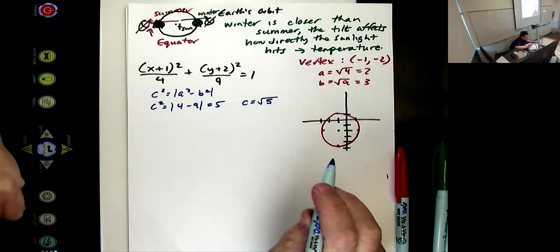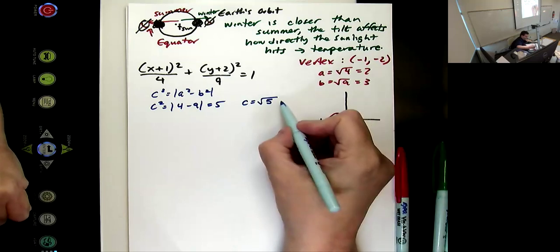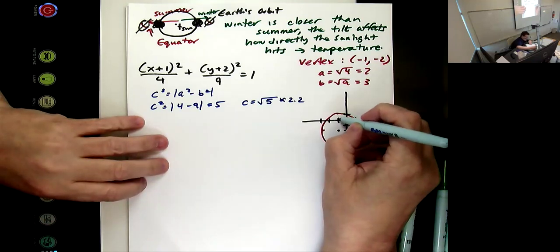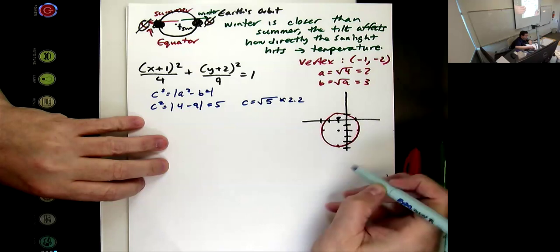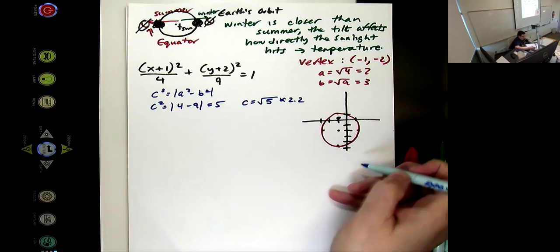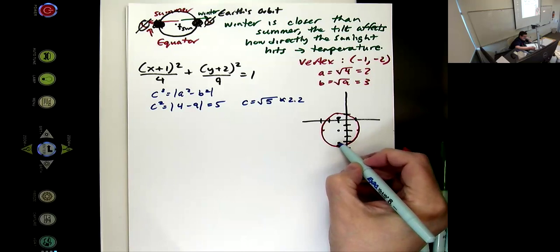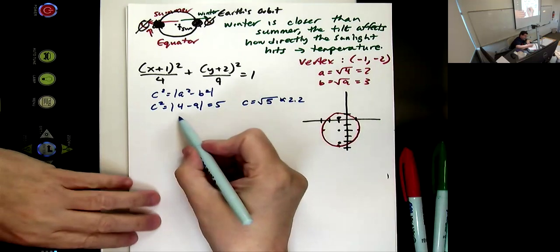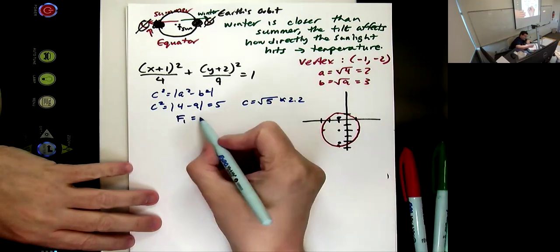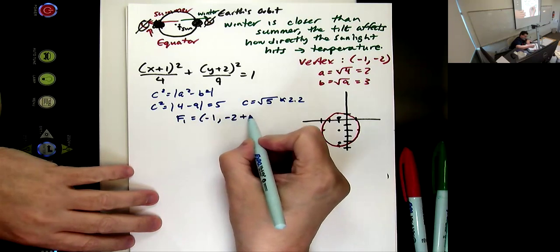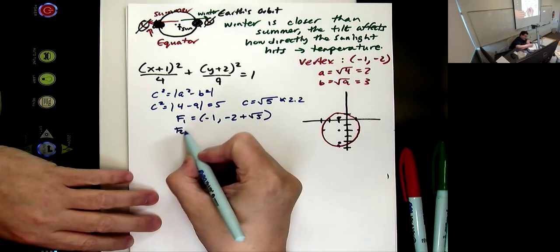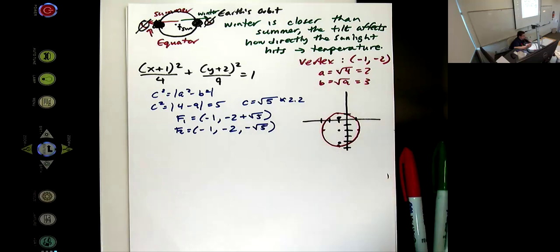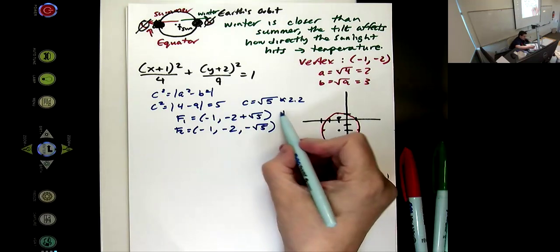Is that like 2.2? So up 2.2 from here would put it just above the x-axis, and down 2.2 is going to put it right there. So focal point 1, to be exact, is negative 1, negative 2 plus square root of 5, and focal point 2 will be negative 1, negative 2 minus square root of 5, which is plus or minus c.